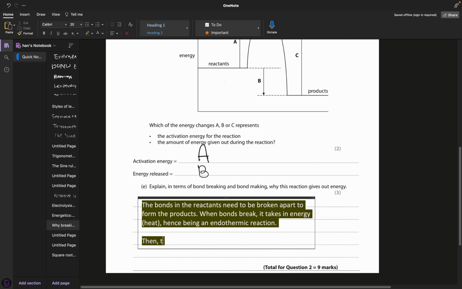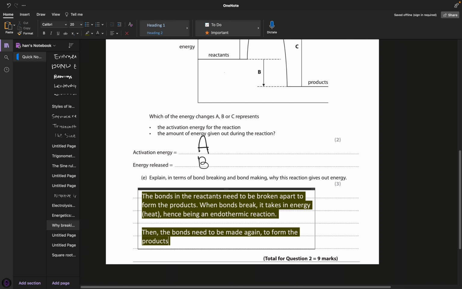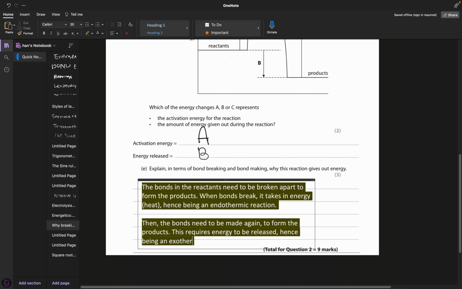Then the bonds need to be made again to form the products. This requires energy to be released, hence being an exothermic reaction.